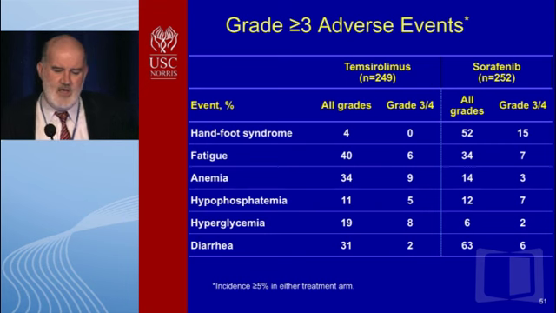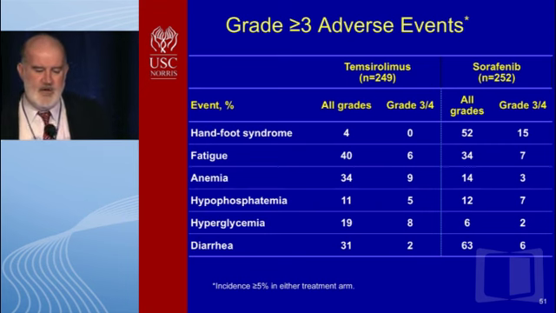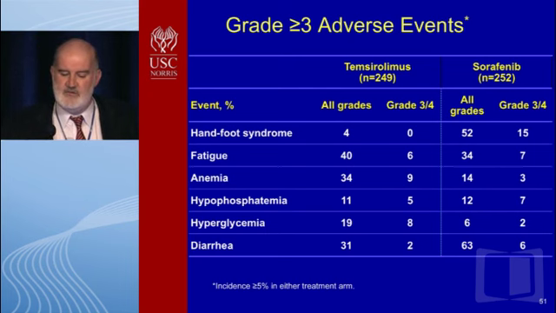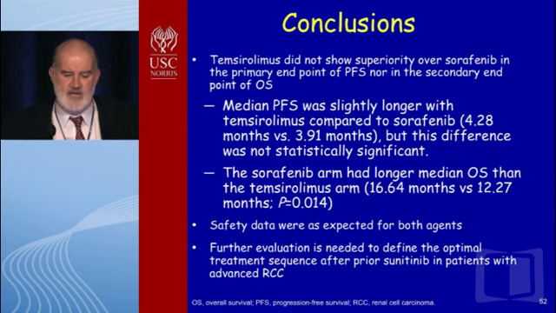And several studies now sort of show that. And so something old that many of us had not used much anymore may still be useful. Adverse events was really very much as expected in terms of between the two, and I won't dwell on that in the sake of time.